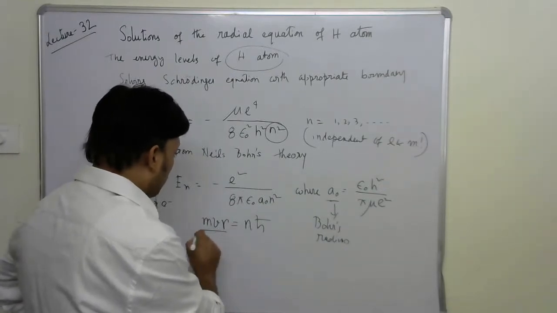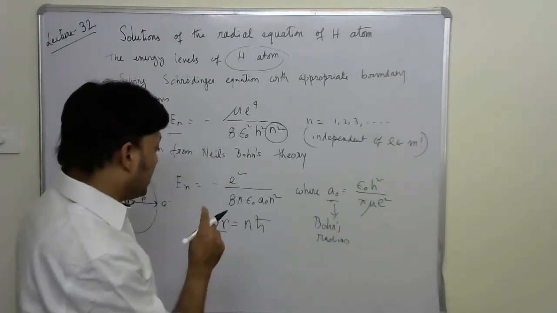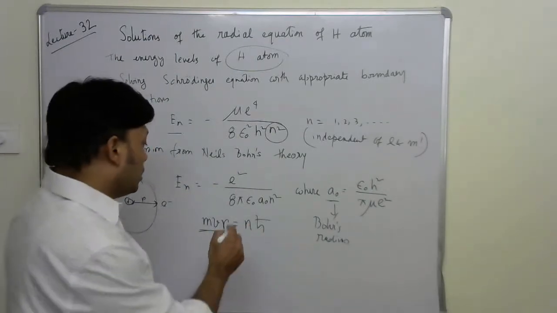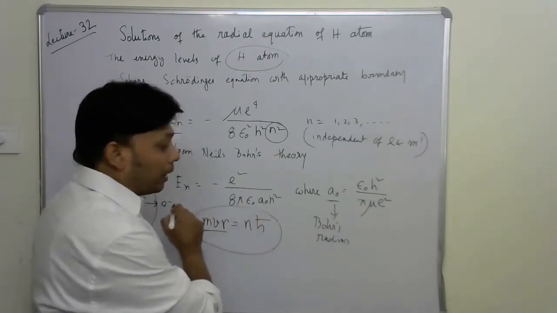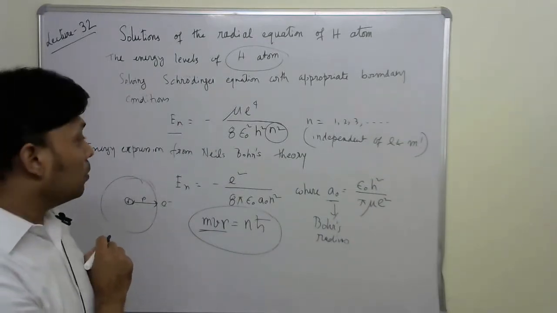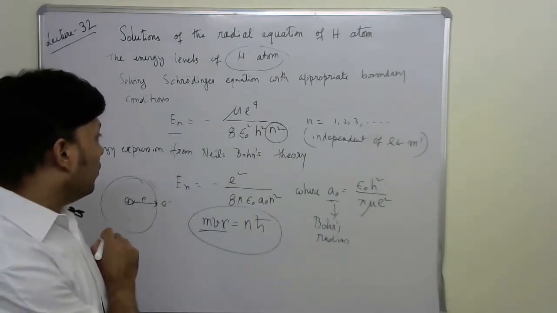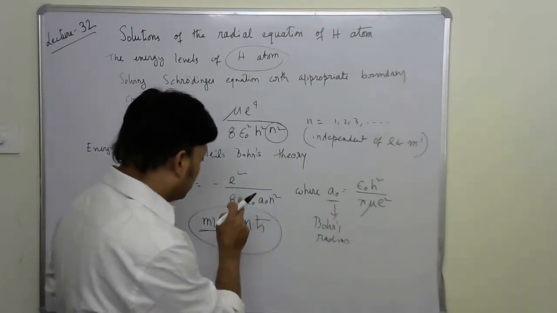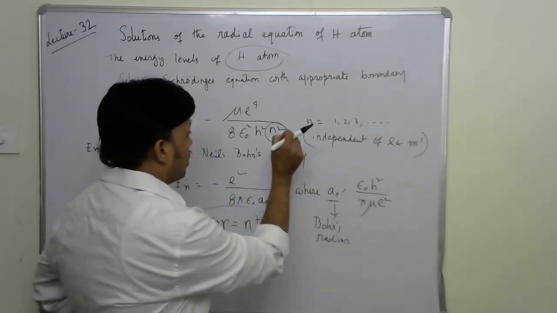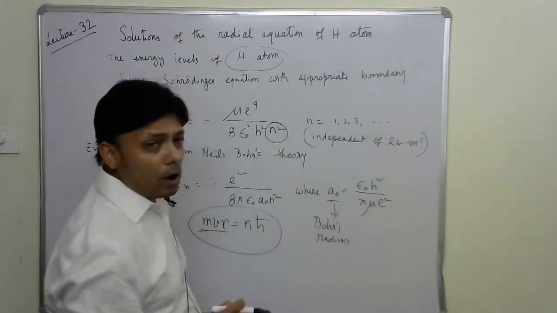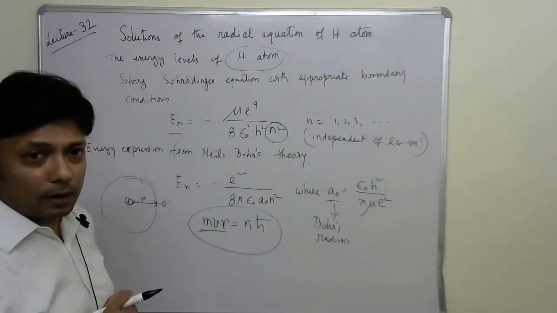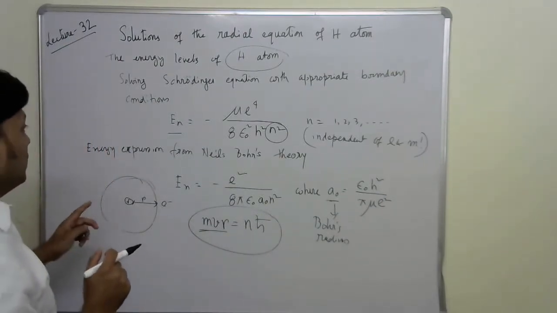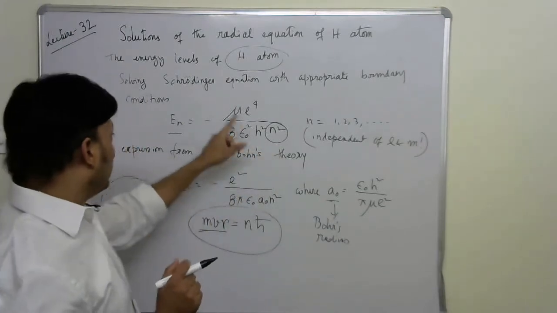That means angular momentum is fixed and can take up only discrete values as an integral multiple of h cross. So where did that value n come from? Later we found that this integral multiple of h cross took up the role of the principal quantum number n.